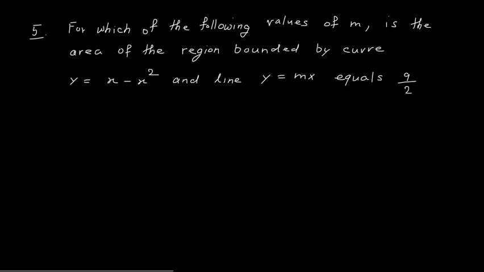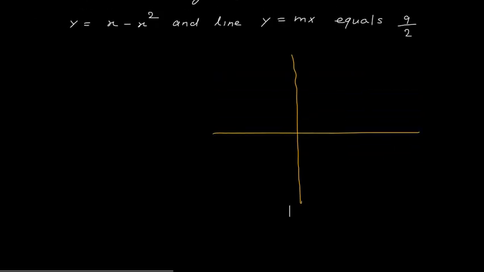Now here the curve is y equals x minus x square. Do you know how you plot this curve? Yes, this is a parabola as x square is involved, but the sign of x square is negative. The sign of x square being negative indicates that this parabola will open downward.